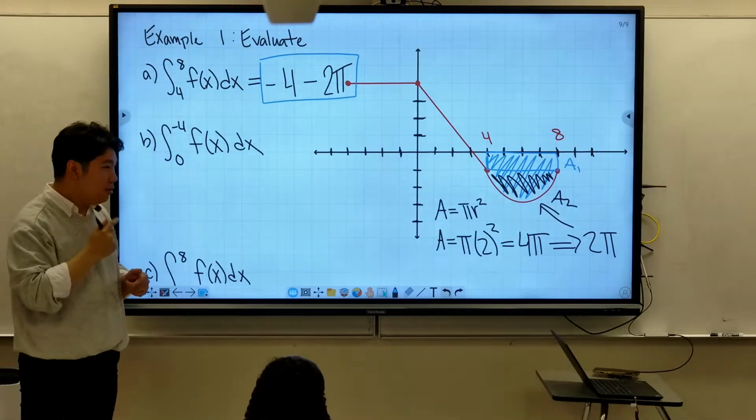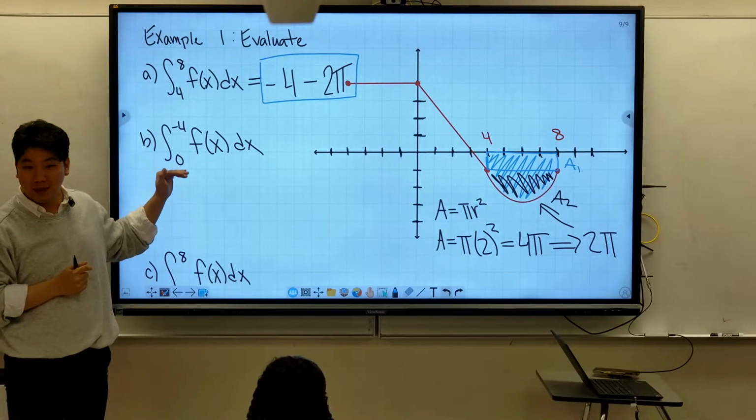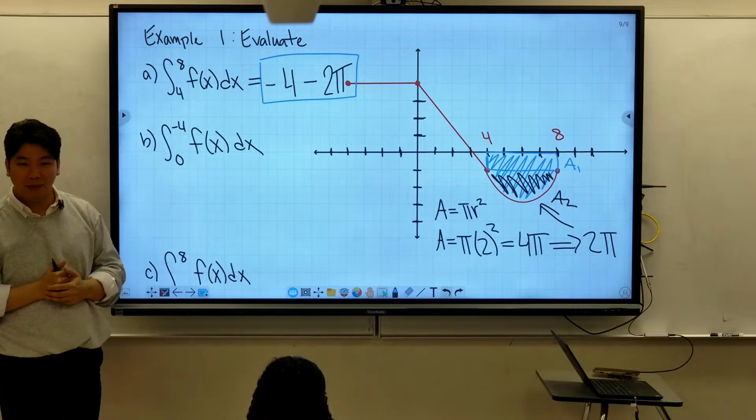So 4 was the smaller number, and then we went up to the bigger number. How's that comparing to 0 to -4? Yeah, it looks like it's in reverse order. That's a little bit of a problem, because usually in an integral we like having the smaller number on the bottom and the bigger number on top.